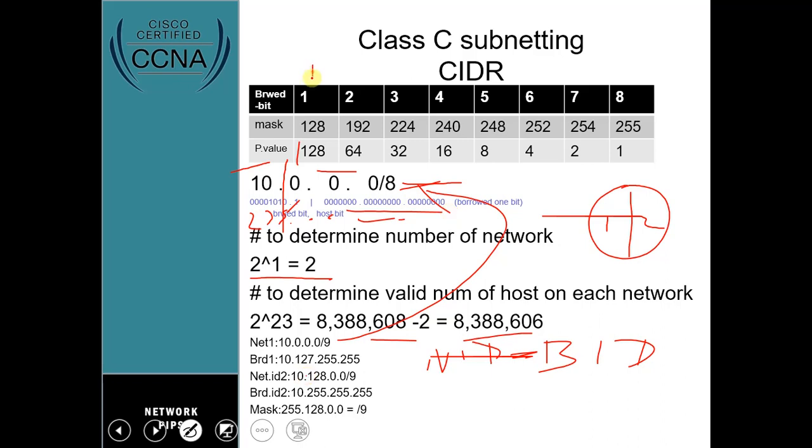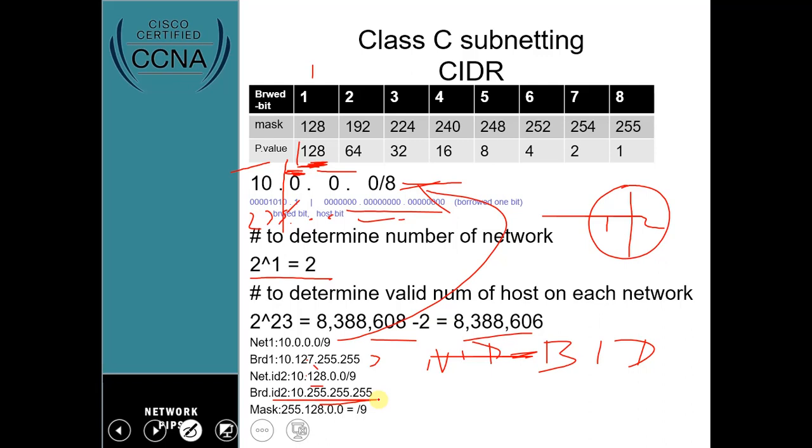Remember, we borrowed one bit and our place value occurred on place value 128, and the borrowed bit occurred on the second octet. This is where it occurred, so the changes will be occurring on this second octet as well. So this is 10.128.0.0, then the broadcast ID of the first network is going to be 128 minus 1, which is going to give me 127. Then to find the broadcast ID of that network, everything is going to be 255, like I told you earlier.